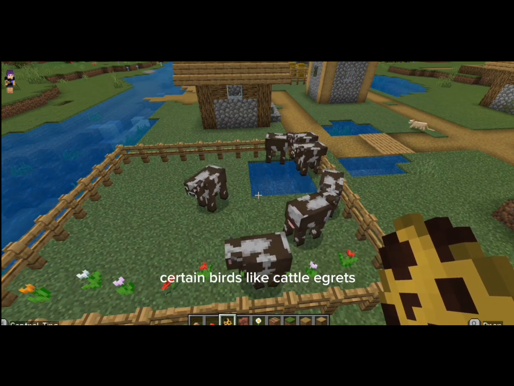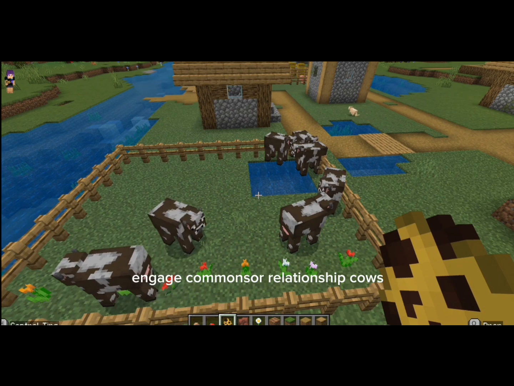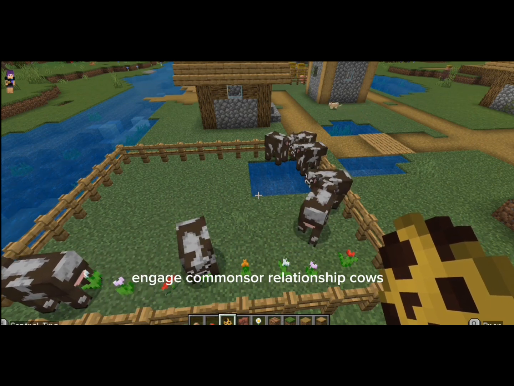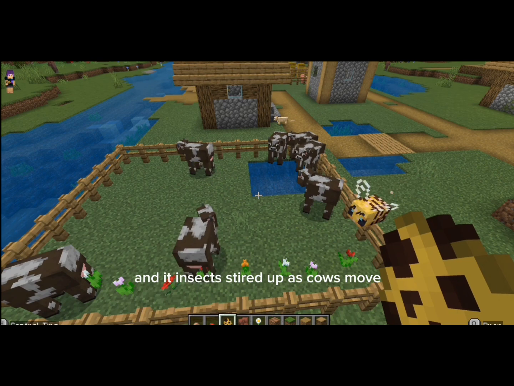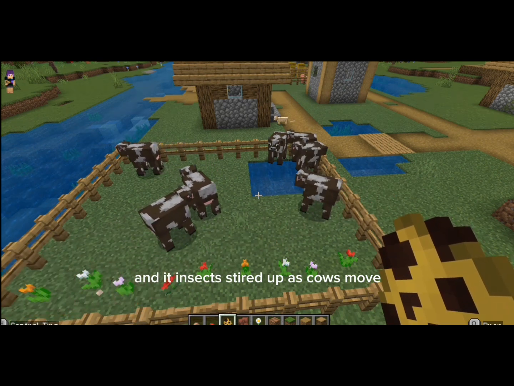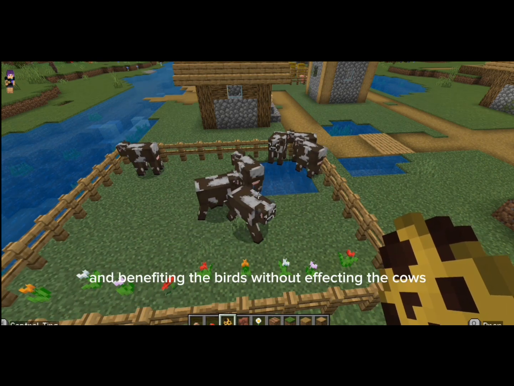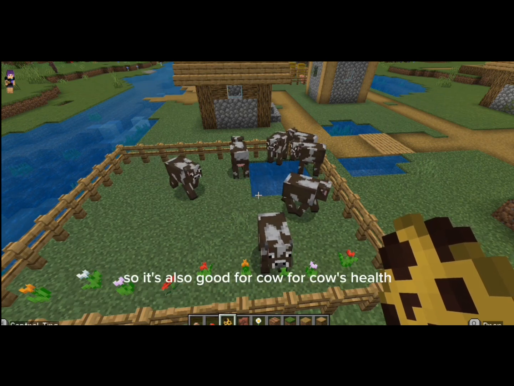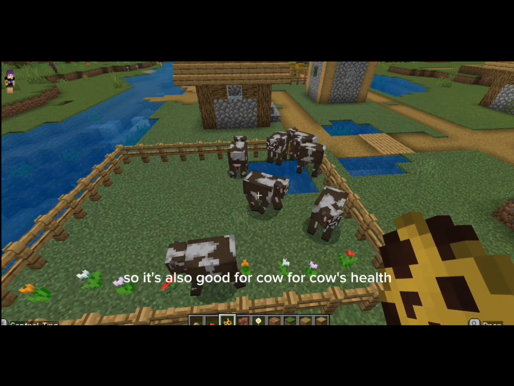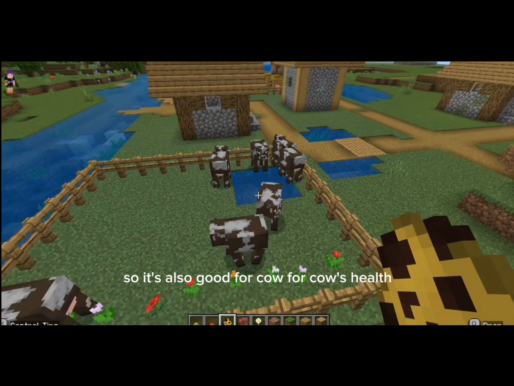Certain birds like cattle egrets engage in a commensal relationship with cows. The birds follow cows and eat insects stirred up as the cows move, benefiting the birds without affecting the cows. So it's also good for the cow's health.